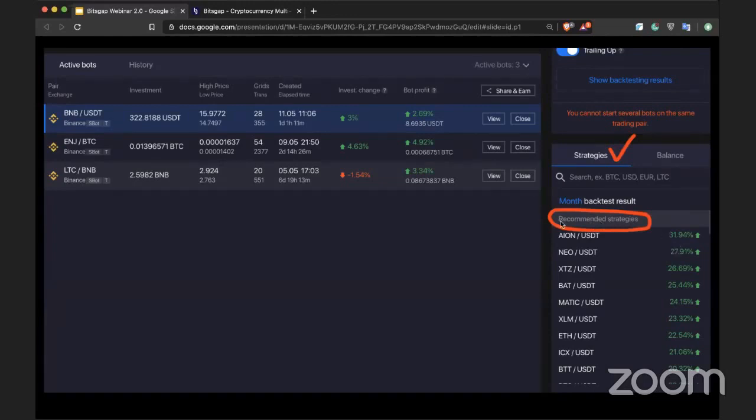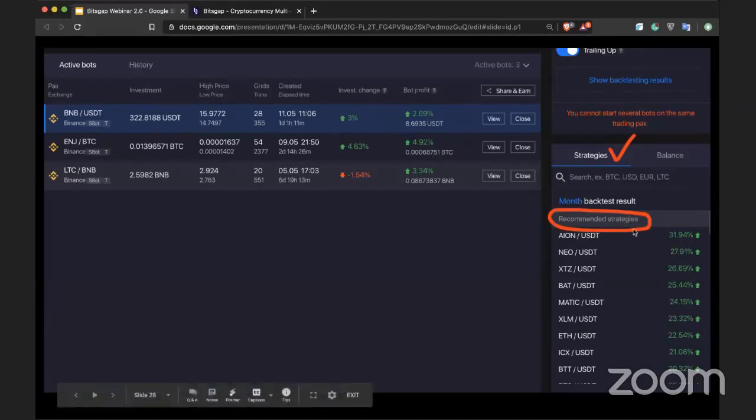So as you can see, here's the list, and the majority of the recommended strategies have a relatively high return rate for the last month. All right. And based on these recommendations, you can generate trades.